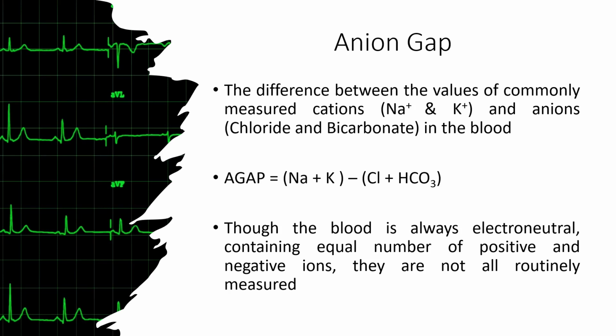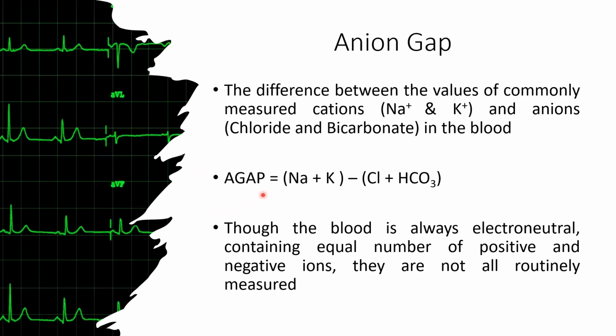However, because we do not usually measure all the positive and negative ions in the blood, we can establish a normal anion gap by taking advantage of the routinely measured positive ions and negative ions. So, the normal anion gap is the difference between the routinely measured positive ions and the routinely measured negative ions.